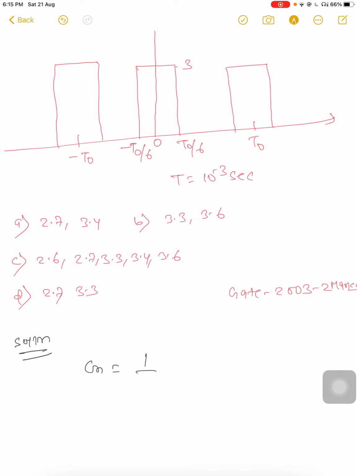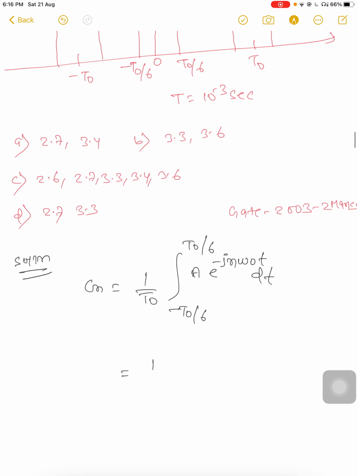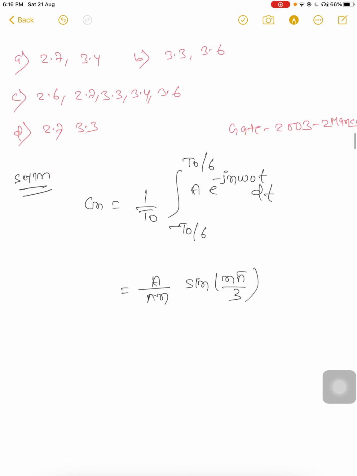From the Fourier series expansion, Cn will be 1 upon T0, integrated from minus T0 by 6 to T0 by 6, because it is defined only there, of A e to the minus j n omega 0 t dt. So it will be A upon n pi times sin(n pi by 3).